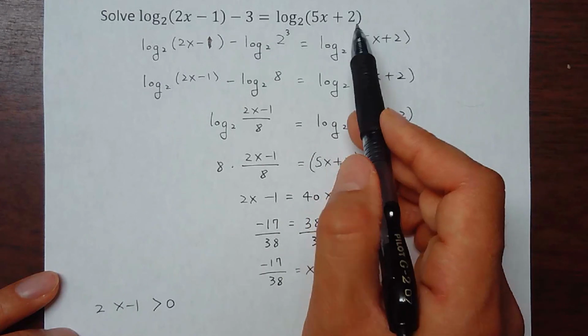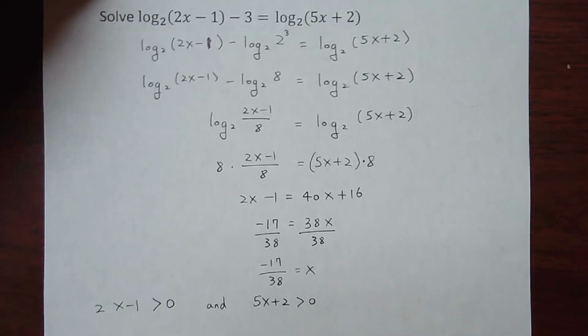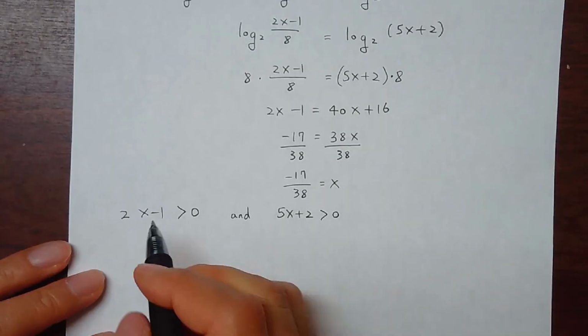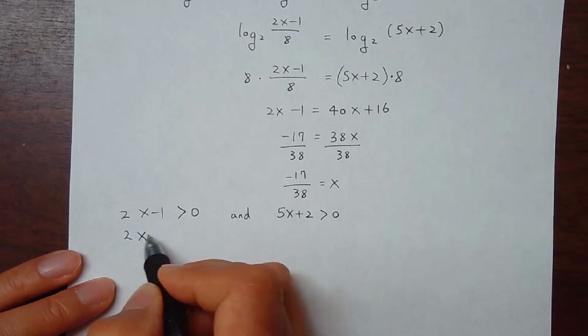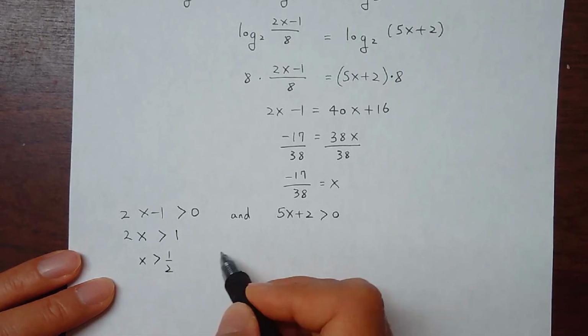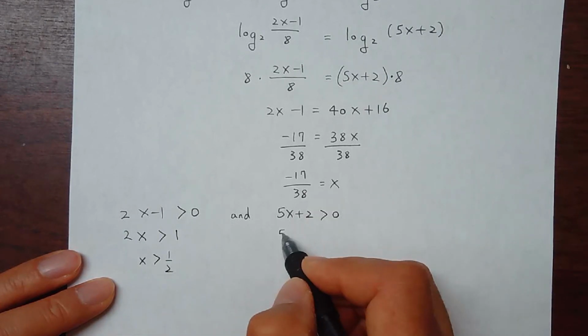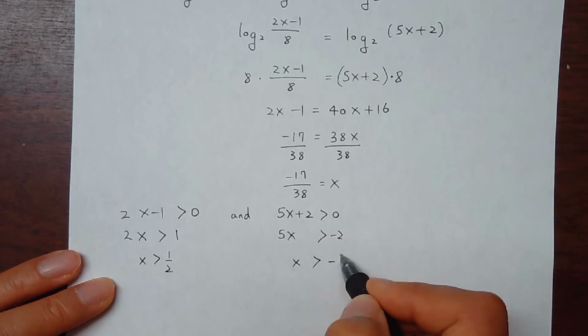And for the other inside expression, 5x plus 2 should be greater than 0. Solving the first inequality, 2x has to be greater than 1, x has to be greater than 1/2, and 5x has to be greater than minus 2, x has to be greater than minus 2/5.